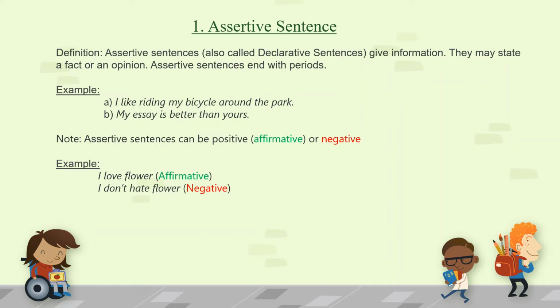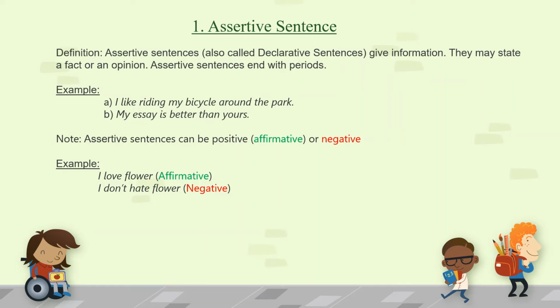These two instances are giving statements, information, or opinion. See, my essay is better than yours. It is my opinion. And I like riding my cycle. Here I'm giving you a statement, some information about my liking.